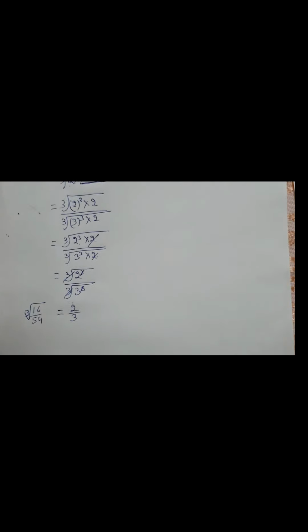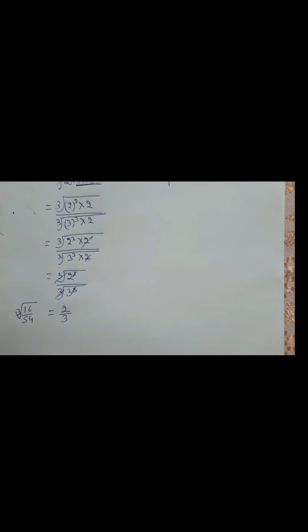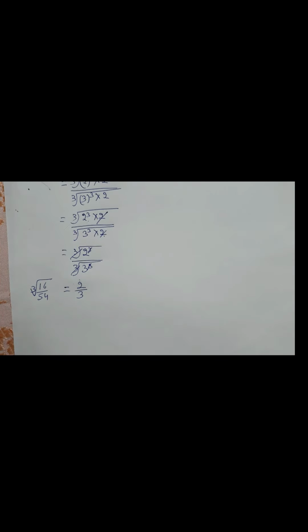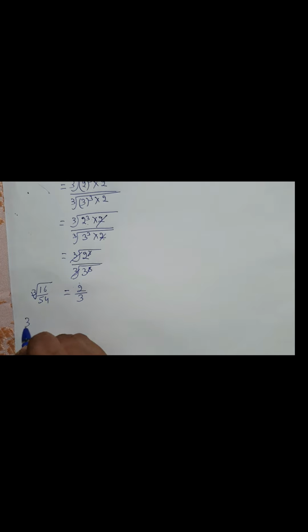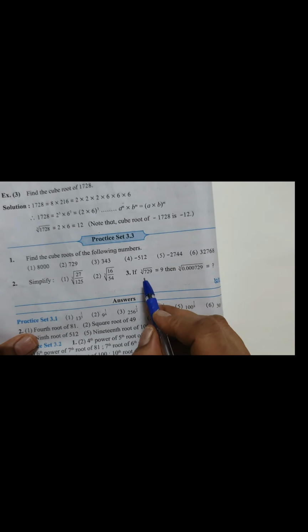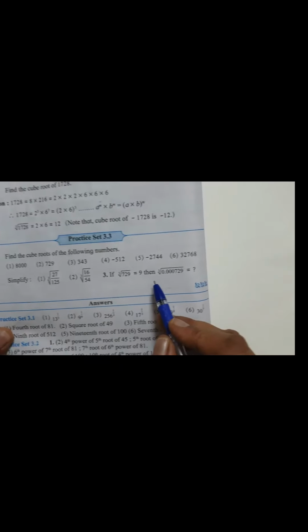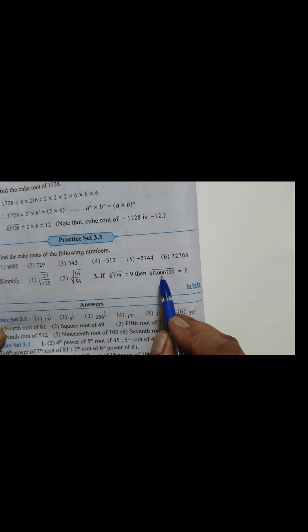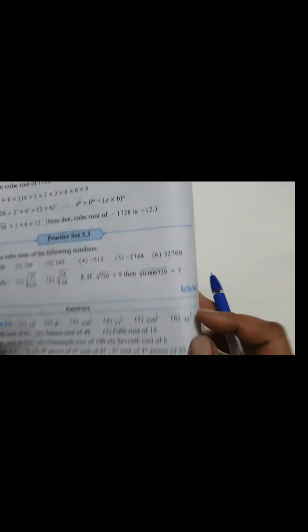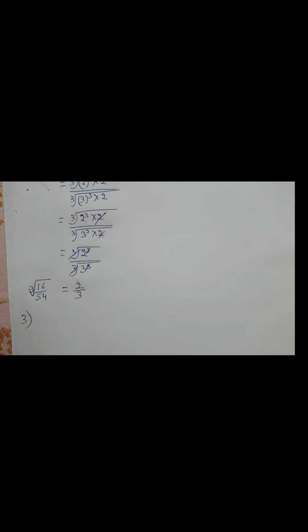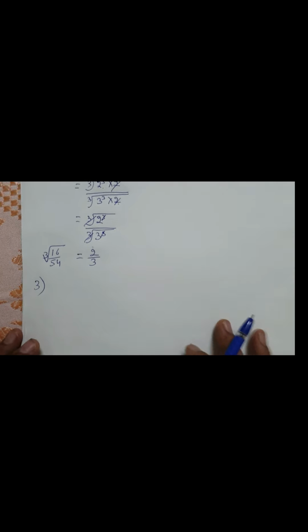Now children, we have to take the last sum, that is, if cube root of 729 is equal to 9, then cube root of 0.000729 is equal to how much? So that I will just write it down here.